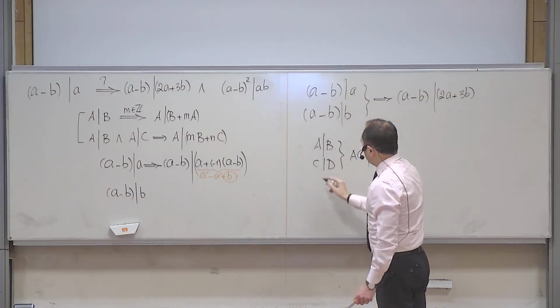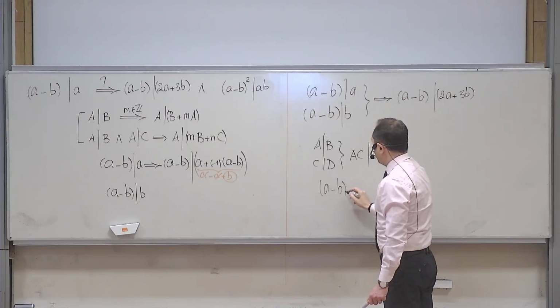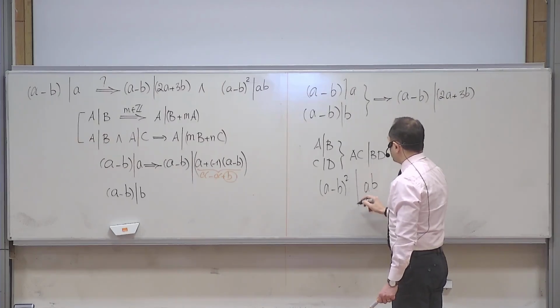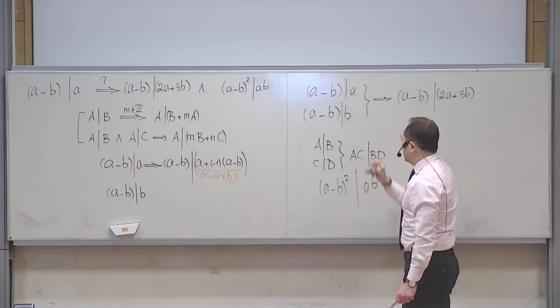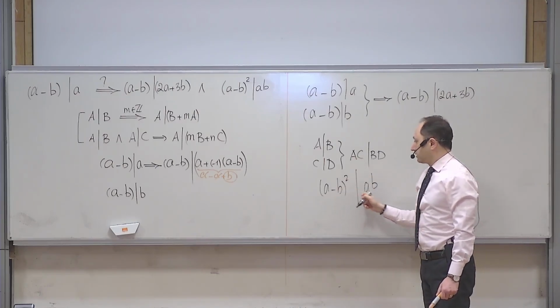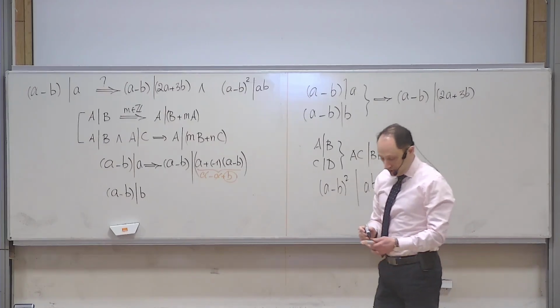I multiply the left-hand sides to get (a minus b) squared, and I also multiply the right-hand sides. So if these two divisibility relations are true, then using this theorem, I can conclude that this divisibility relation is also true.